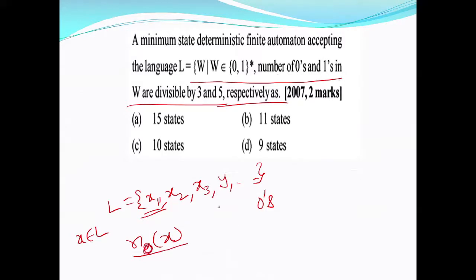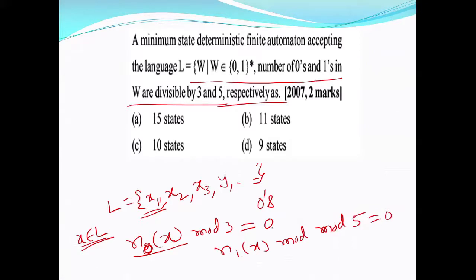So N0 of x mod 3 should be 0. Then N1 of x mod 3. N1 is the number of ones in the string from the language L. It should be divisible by 5.